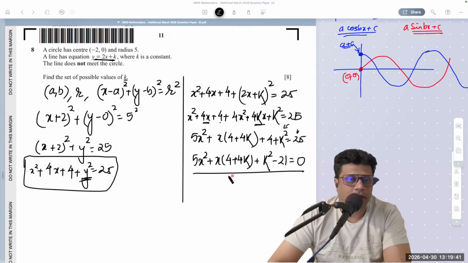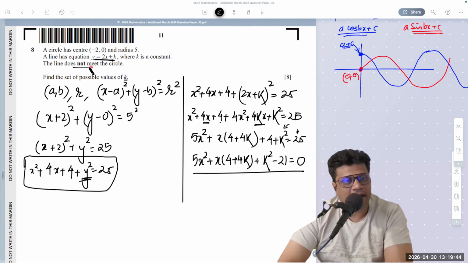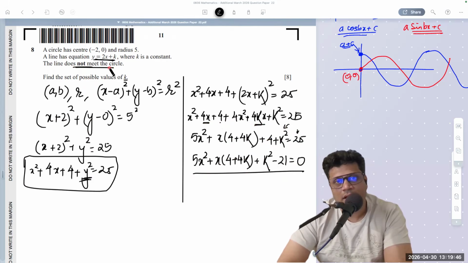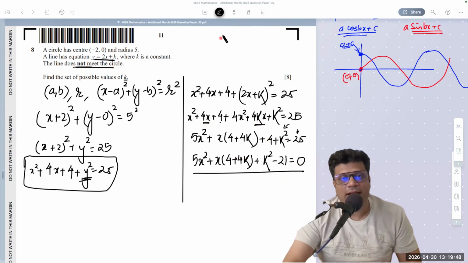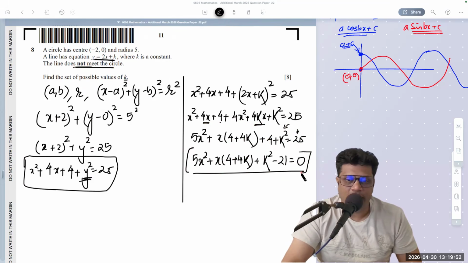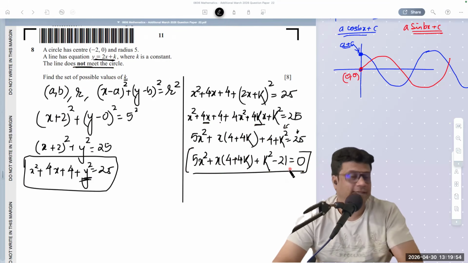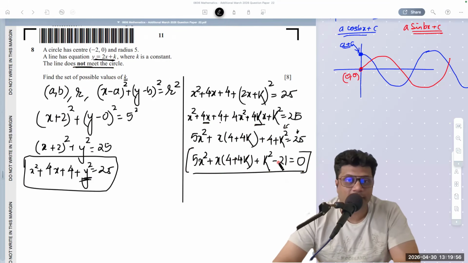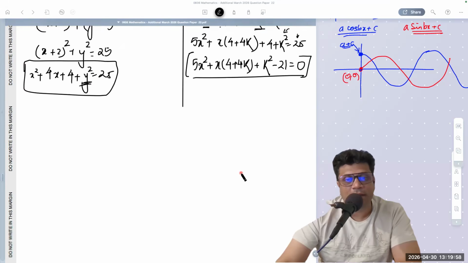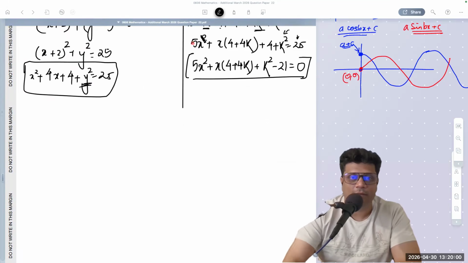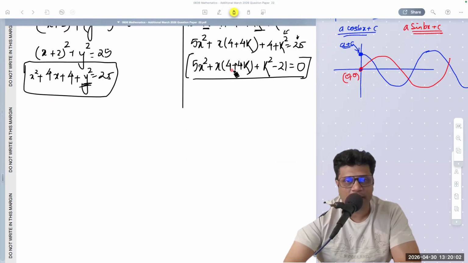Now, if the line does not meet the circle, it actually means that the discriminant of this quadratic you have is lesser than 0. That is what it means. So the discriminant of this quadratic must be less than 0. Let's figure out the discriminant. That's your b value for the quadratic, that's your c value, and that's your a value.